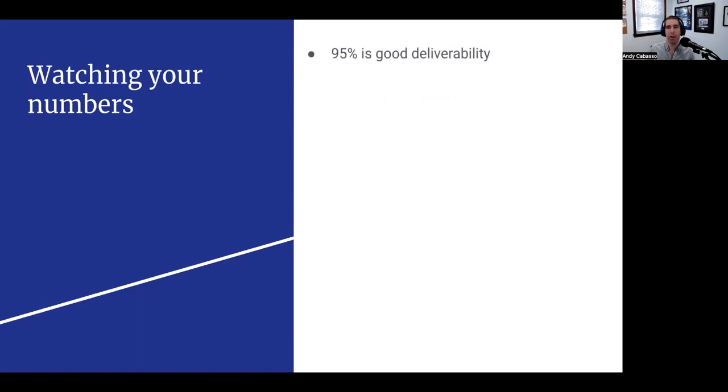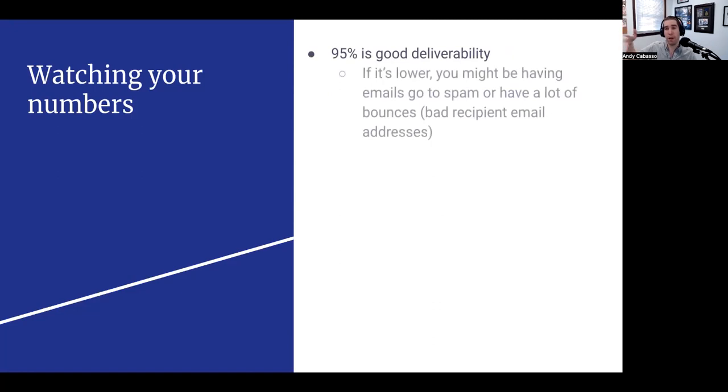Another thing, in terms of best practices for deliverability, 95% is good. In a perfect world your deliverability would be 100%, but if you're seeing that too many emails are bouncing, then it's bad. The more emails that bounce, the more likely that your overall deliverability is going to suffer.